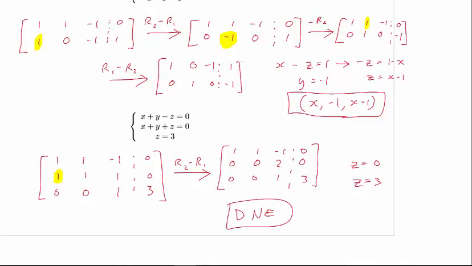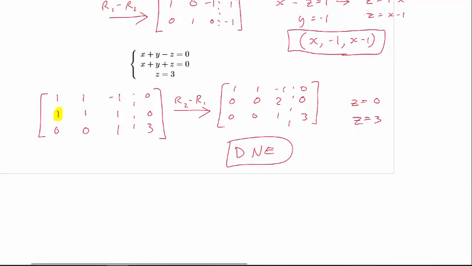You can also note that if we were to perform one more operation, not necessary since we've already shown it, by replacing row 3 with row 3 minus 1/2 row 2, right? Because that would eliminate that one right there. If you do this, the top 2 rows stay the same.